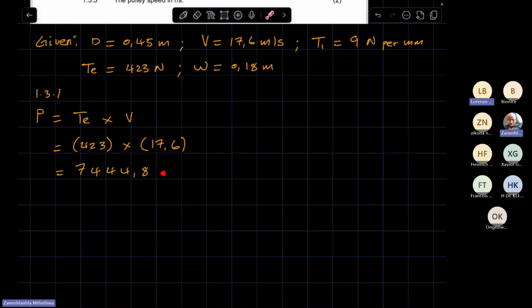So there's only 0.8, there's no more numbers after the 8. All right. But just remember to always round off to 3 decimal places.